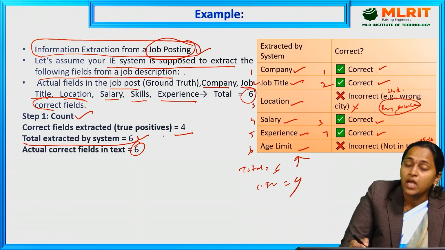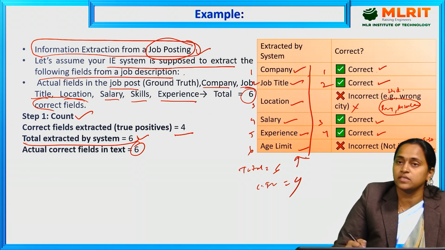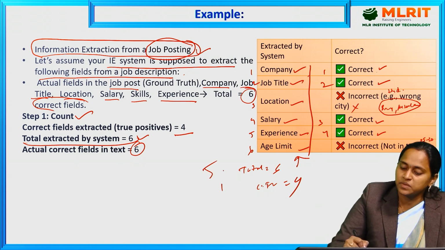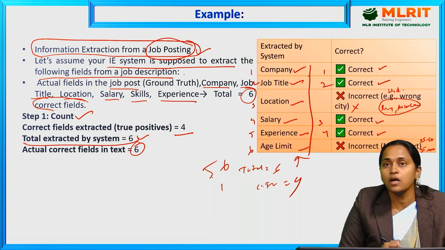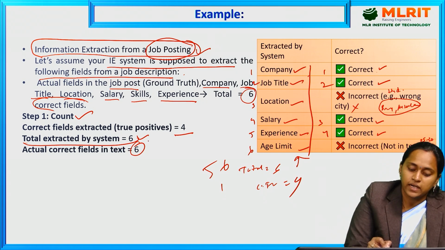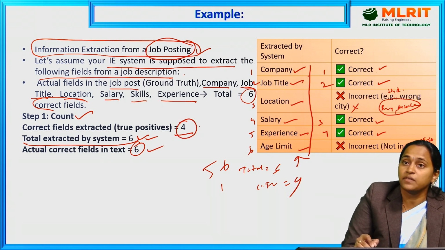Both are the same: the user gives 6 fields, and the system also gives 6 fields. But in the previous example, the user gave 5 and the system gave 6. It depends on the content. Here, the total extracted by the system is 6, the actual content is 6, and the correct fields are 4.